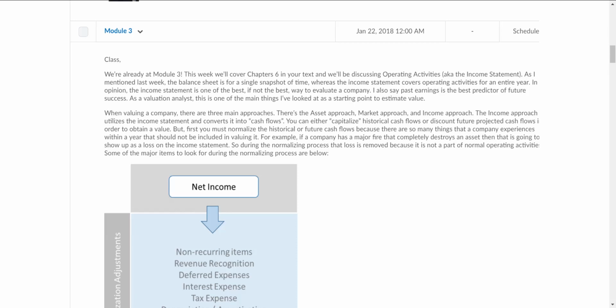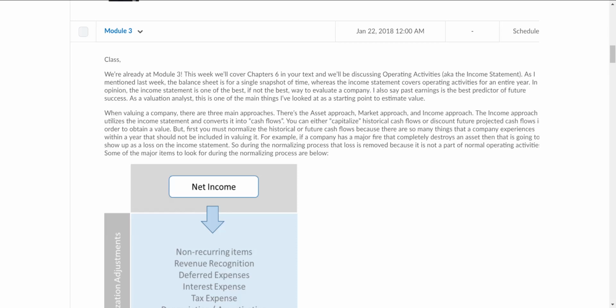I'm also going to introduce to you the three main valuation approaches: the asset approach, market approach, and income approach. The asset approach basically takes the fair market values from either an established market or using appraisals, and then combines those to come up with an aggregate valuation for a company.